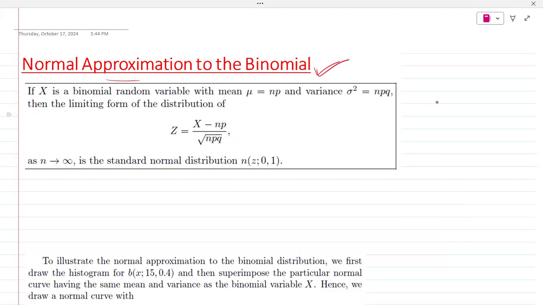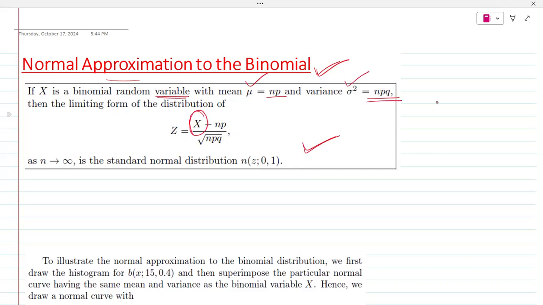So basically the theorem or result which is working behind this concept of normal approximation to the binomial is here. Suppose we have a random variable x, and this random variable x is a binomial variate, whose mean is np, which will be denoted by mu, and whose variance is npq, which is denoted by sigma square.